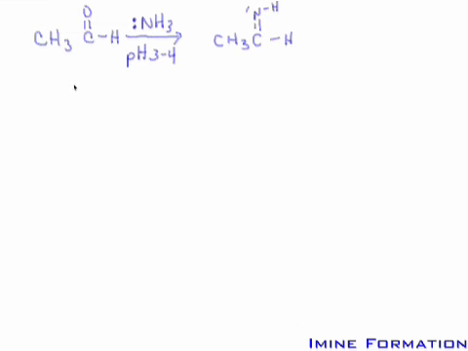Now, in common nomenclature, this aldehyde is referred to as acetaldehyde. The resultant imine is named exactly the same as the derivative aldehyde, acetaldehyde imine, but the word imine is added after it.